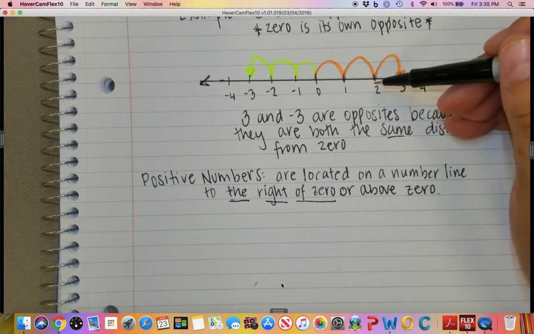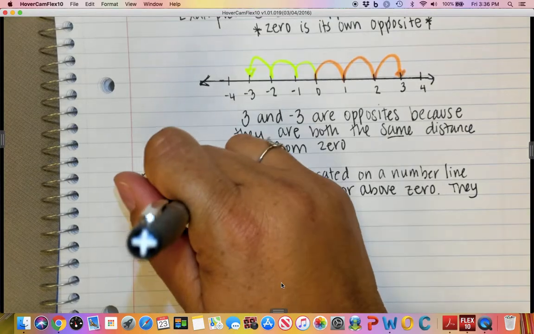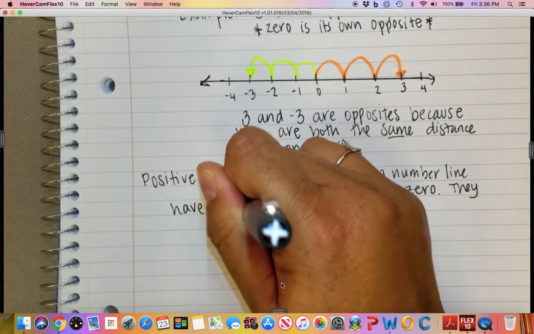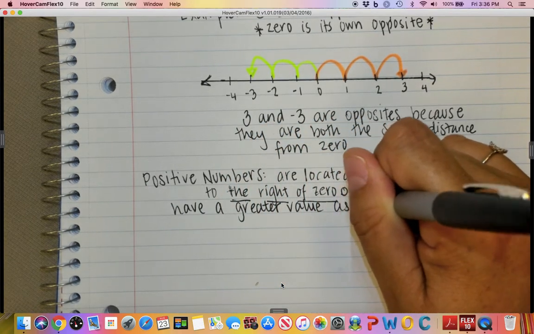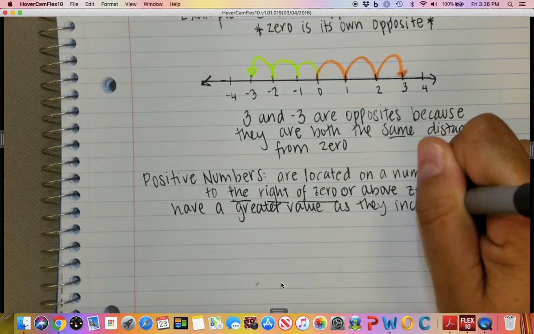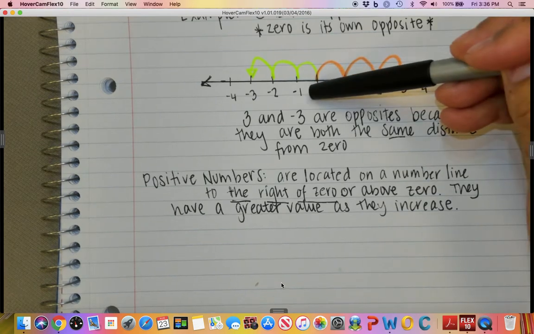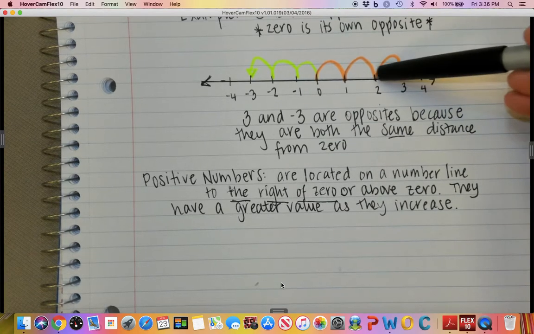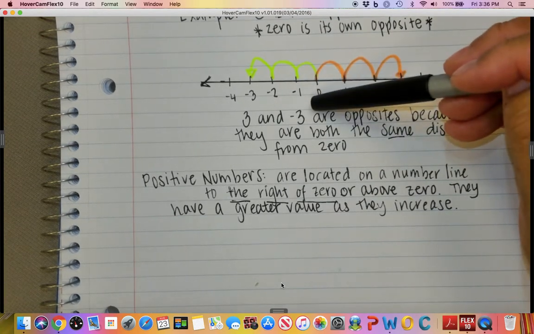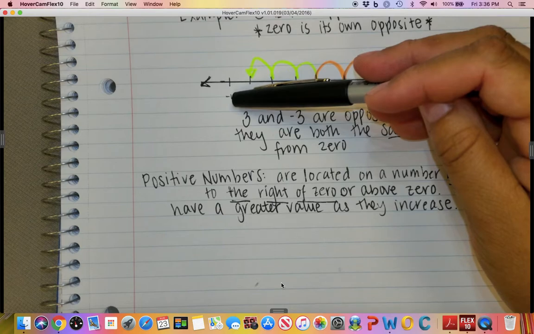That means that they have a greater value as they increase. So 1 is greater than 0, 2 is greater than 1 and greater than 0, 3 is greater than 2, which is greater than 1, which is greater than 0, which is greater than negative 1, which is greater than negative 2, which is greater than negative 3.